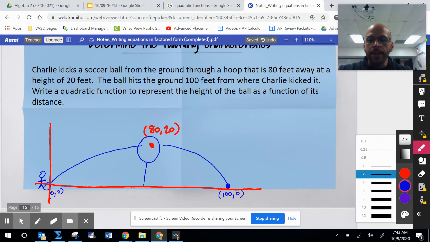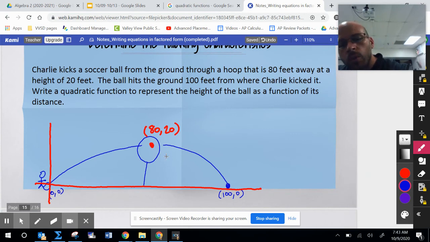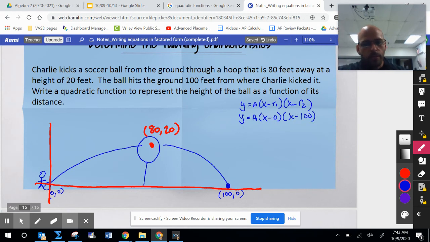So if I write this equation for the quadratic, we have our x-intercepts and a point. So I'm going to start with the x-intercepts. I'm going to say a times x minus 0. And then my other x-intercept is 100. Then I have this other point, 80, 20. So x and y. So my y value is 20.